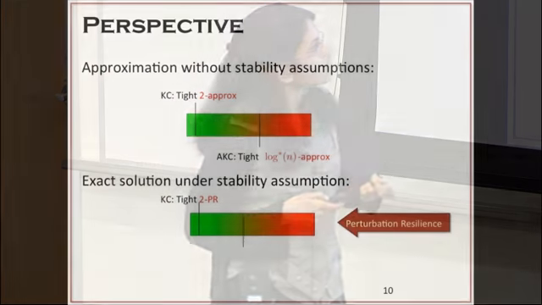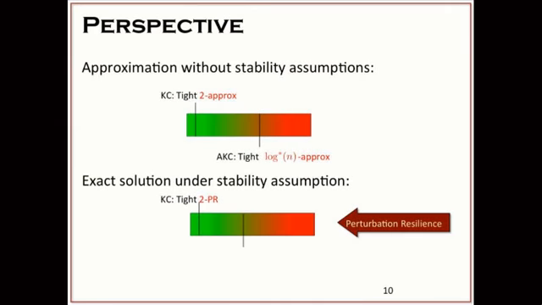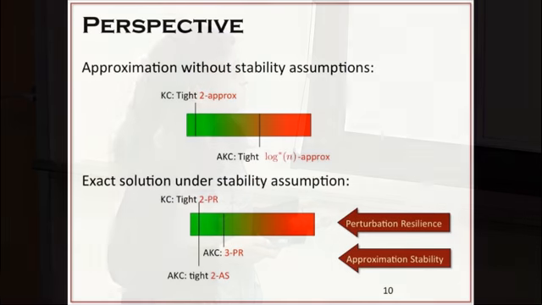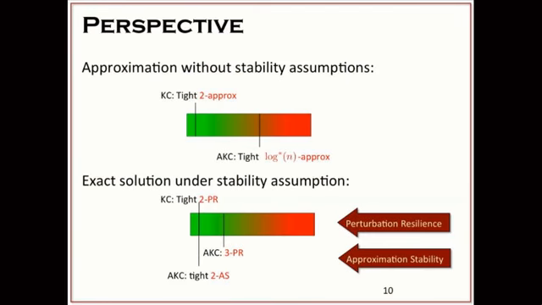Under stability, the story changes a lot. We have the same 2 PR, so we can find the exact solution under 2 perturbation. But for the asymmetric, perturbation resilience changes the story a lot. All of a sudden, from that log star n, we can go down to a constant alpha. And that's pretty cool.